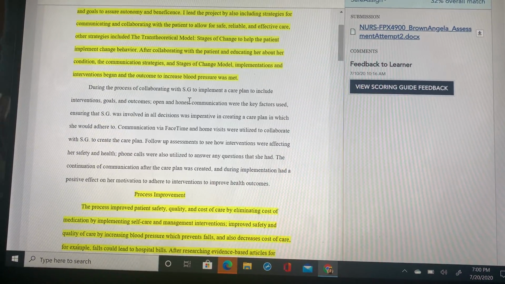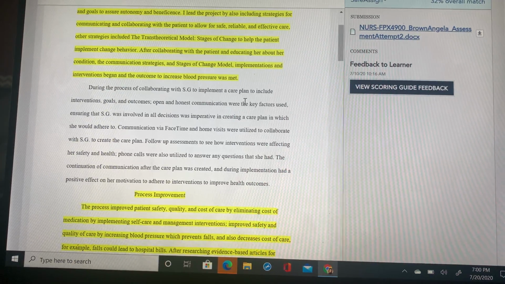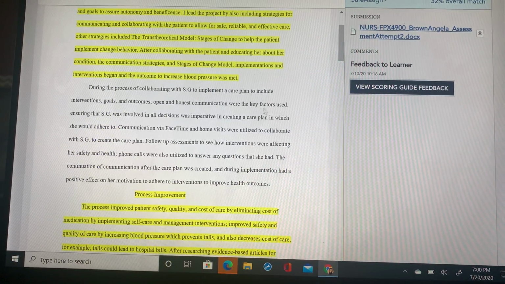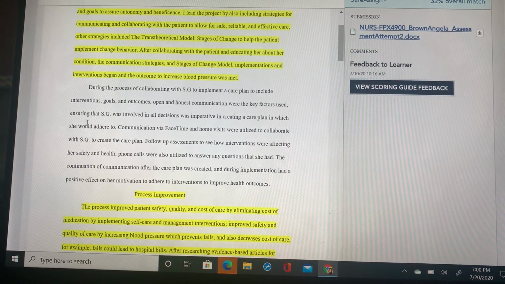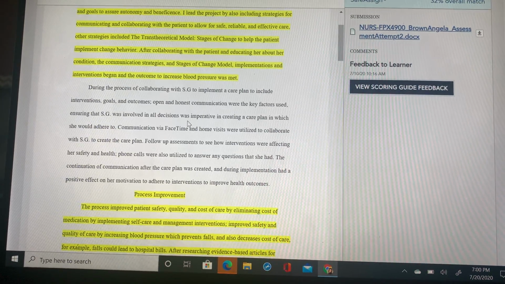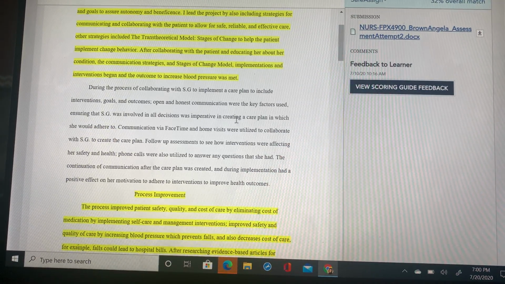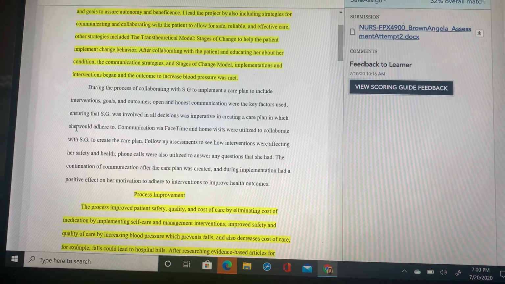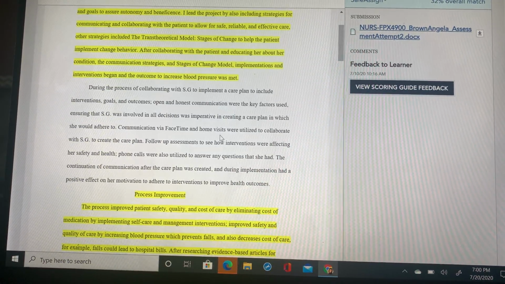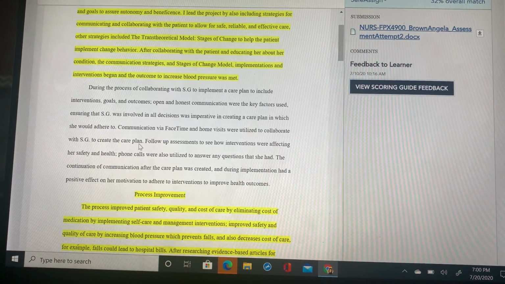During the process of collaborating with SG to implement a care plan to include interventions, goals, and outcomes, open and honest communication were the key factors used. Ensuring that SG was involved in all decisions was imperative in creating a care plan in which she would adhere to. Communication via FaceTime and home visits were utilized to collaborate with SG to create a care plan.